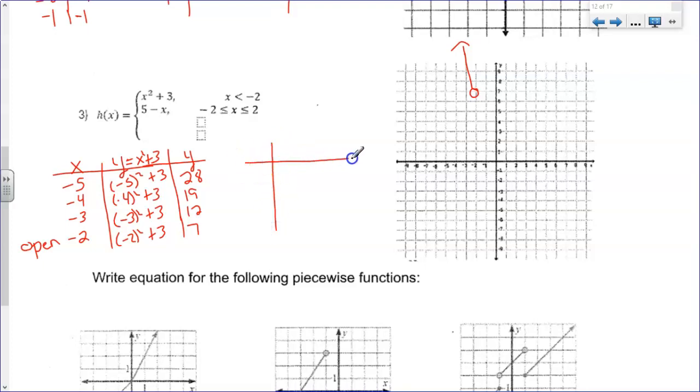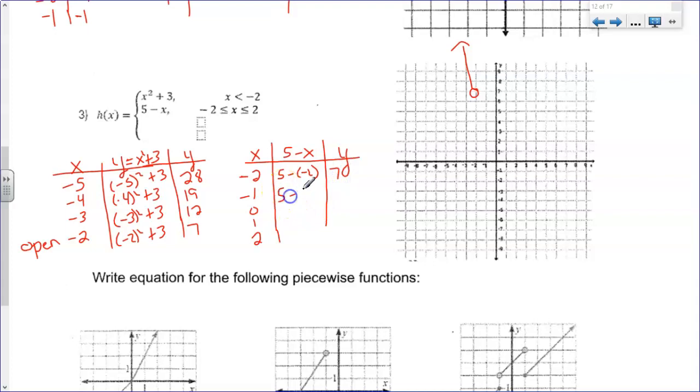Okay. The next one. We get this. And now we're going to go from negative 2 to 2. So negative 2, negative 1, 0, 1, 2. Okay, and they're both going to be closed. So at negative 2, I put that in there. 5 minus a negative 2. 5 plus 2 is 7.